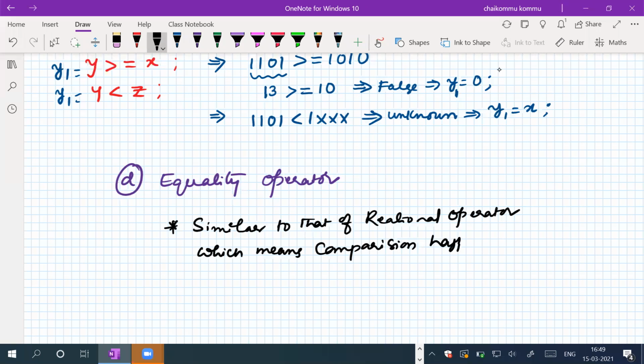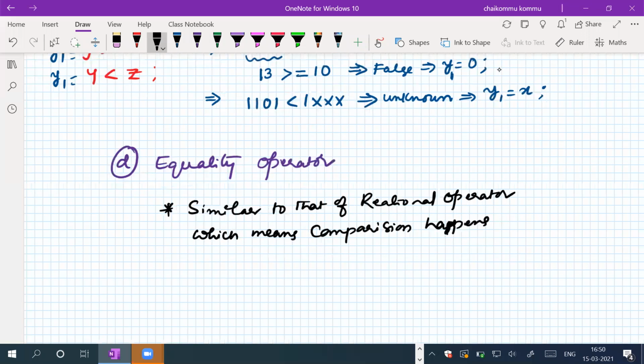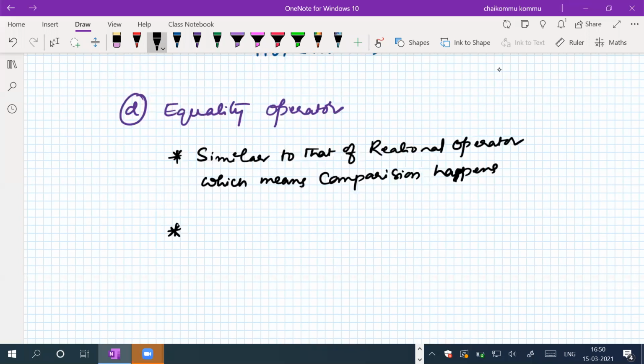Okay, so what are the available equality operators? Available operators.